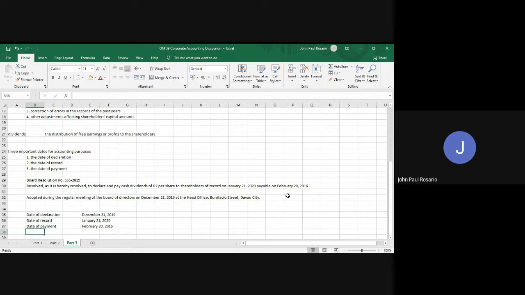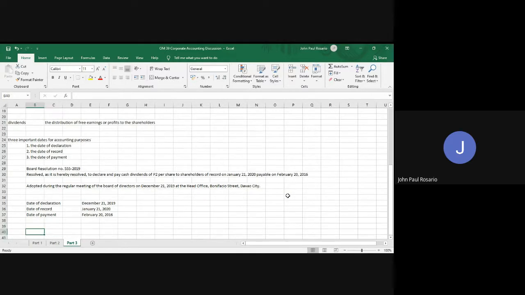Okay. So now unsa man ang ato ang entry on the date of kanang declaration. So date of declaration, our pro forma entry would be mag-debit tayo ng retained earnings.